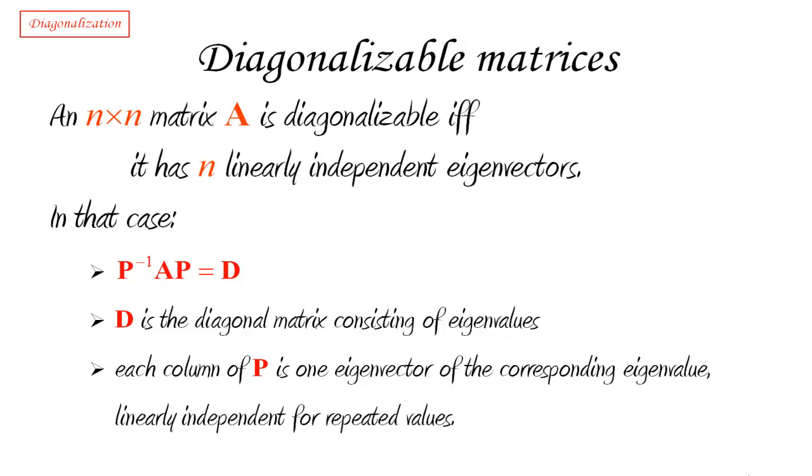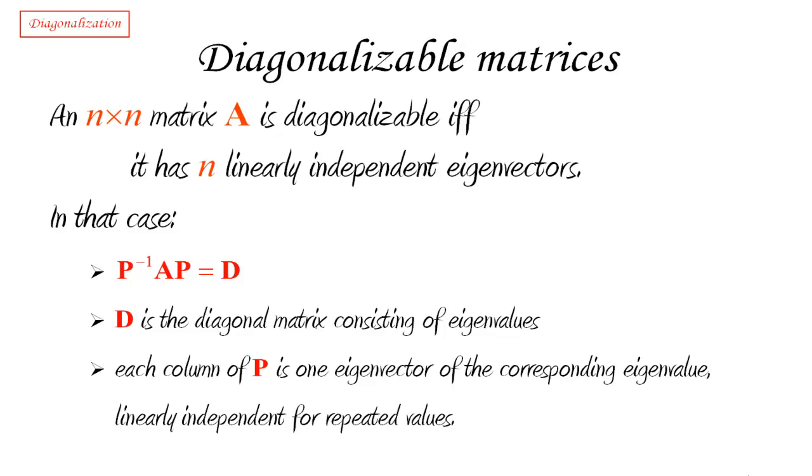So you start from a matrix, you find its eigenvalues, then you find its eigenvectors. If you can identify n linearly independent eigenvectors, what you do is you construct the matrix D, the diagonal matrix consisting of eigenvalues. And again, of course, I have not emphasized that earlier, but we have to list the eigenvalues, each one of them, as many times as its algebraic multiplicity.